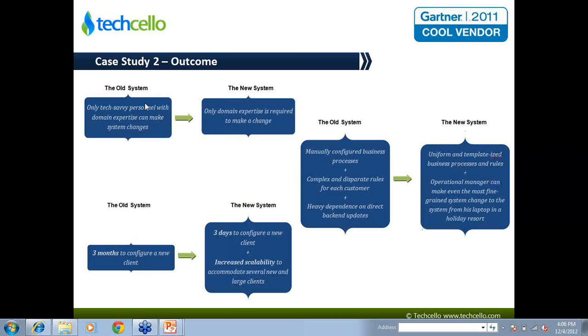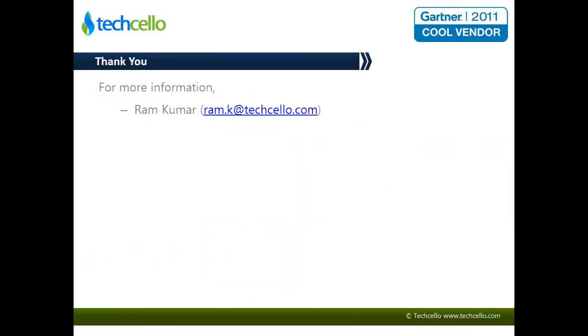Many of the things are templatized, so you don't have to do it differently. And because of the various models available, the dependency on the IT team as well as for any backend updates was totally removed. And even an operational manager with less technical skills can go ahead and handle the system without any further support.